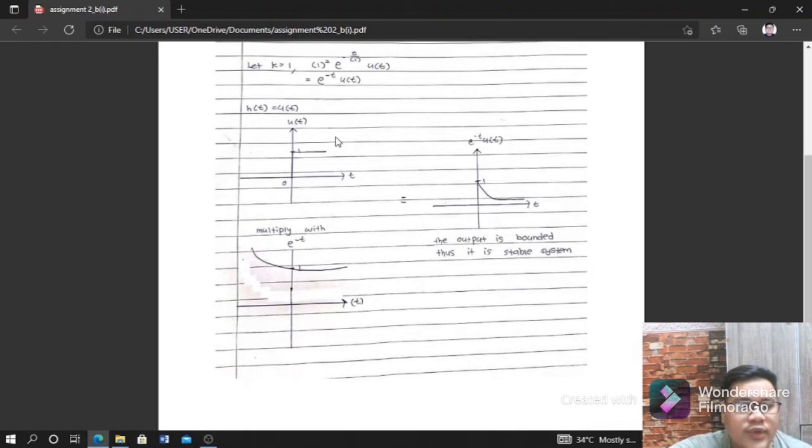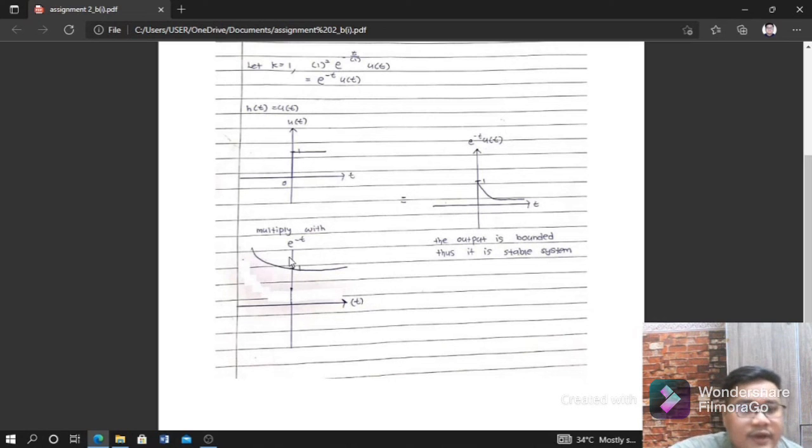Then we need to draw two graphs, the u(t) graph and the exponential graph. The u(t) graph looks like this with 1, and the exponential graph looks like this.